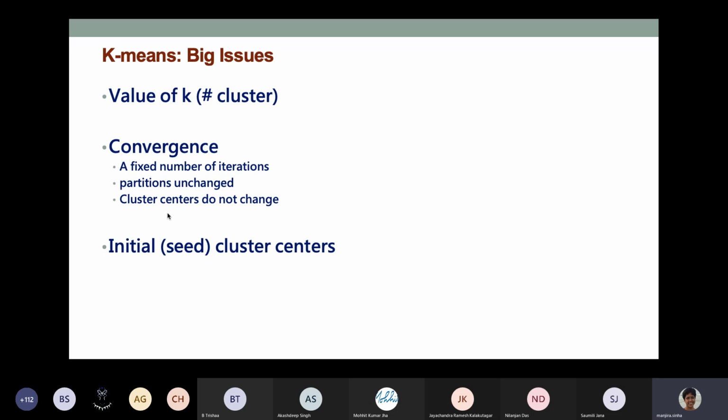So in the examples that we have seen, when the partitions were unchanged, we stopped the clustering. And then, as someone very rightly pointed out, the initial or seed cluster centers for k means, because everything depends on the initialization.